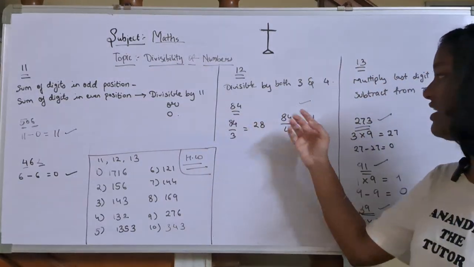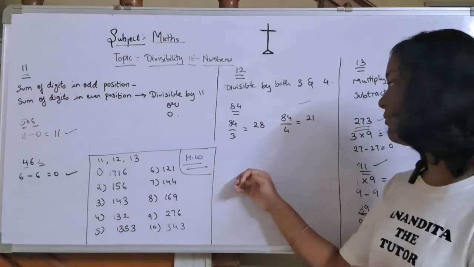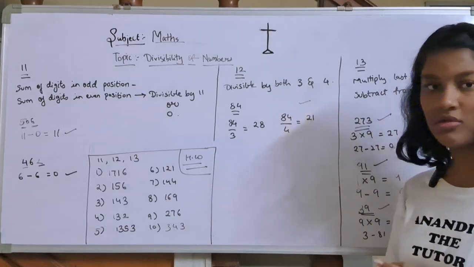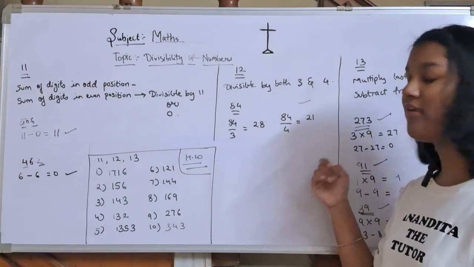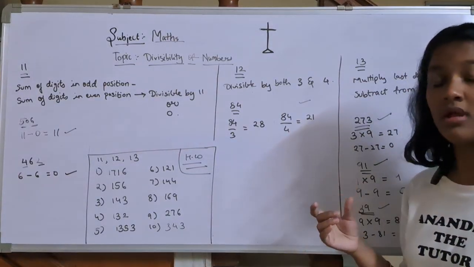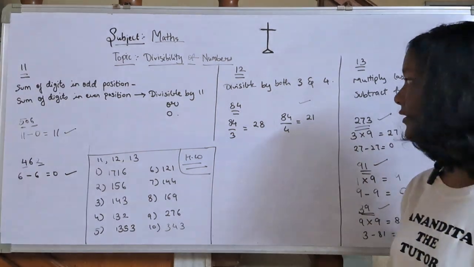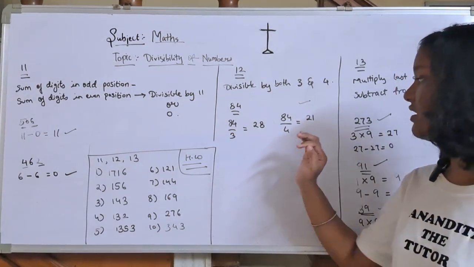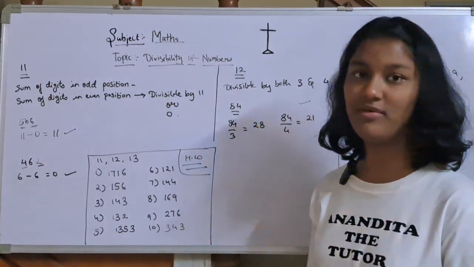For example, 84. 84 is divisible by 3. Yes, 84 divided by 3 is 28, a perfect whole number. Then 84 divided by 4 is also a whole number, that is 21. Since 84 is divisible by both 3 and 4, it is divisible by 12 as well.